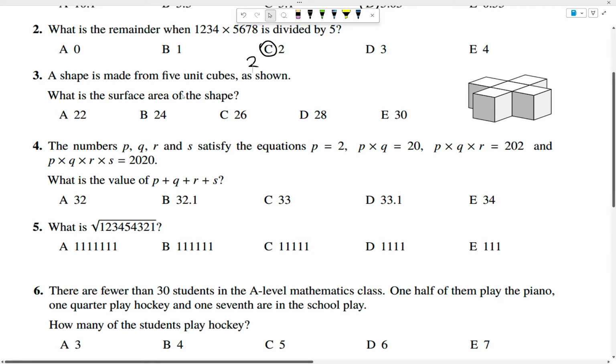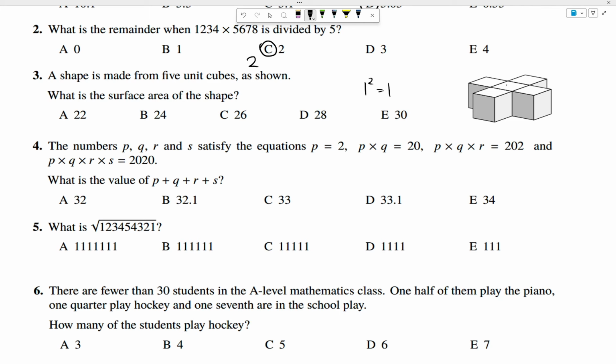A shape is made of 5 unit cubes as shown. What is the surface area of the shape? The first thing is, what is a unit cube? A unit cube is a cube where the side lengths are all 1 unit. So the area of each face of a cube will be 1 squared, which is 1. Now we have to try and count how many faces are exposed in this shape.